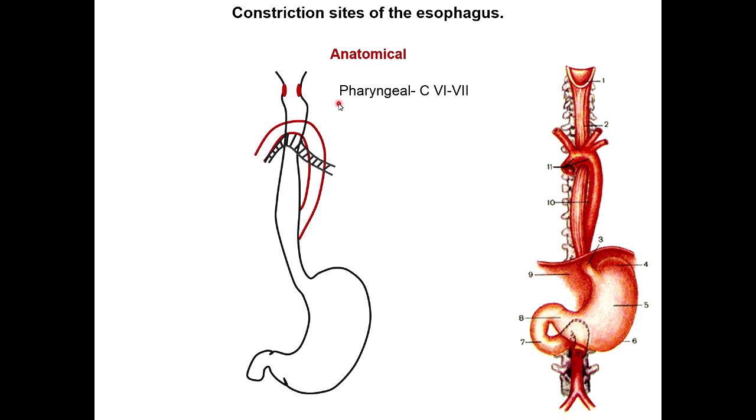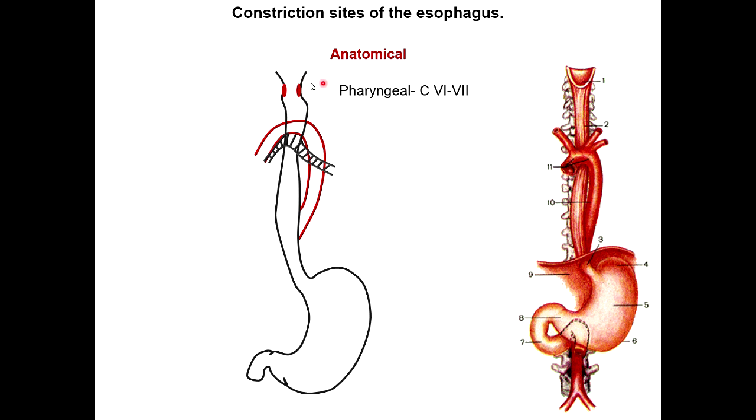First of them is pharyngeal constriction site. Pharyngeal narrow place. It is located at the level of 6th and 7th cervical vertebrae. Practically it means that from this narrowing the esophagus starts. Esophagus is the next part after pharynx.